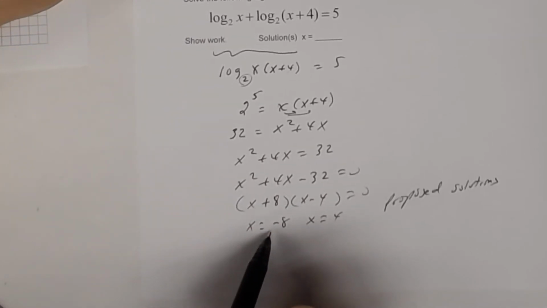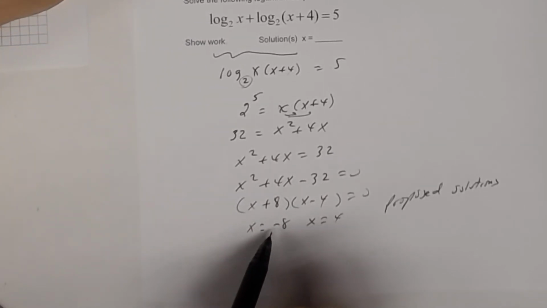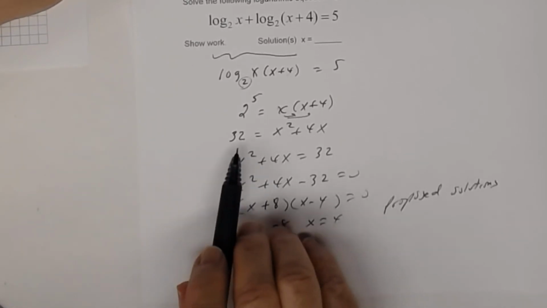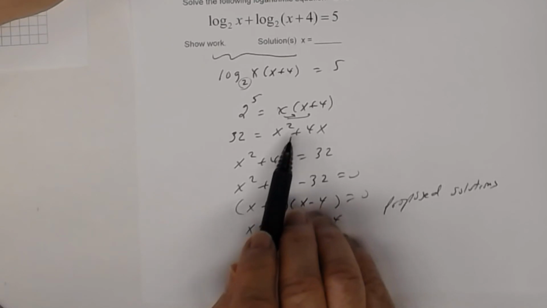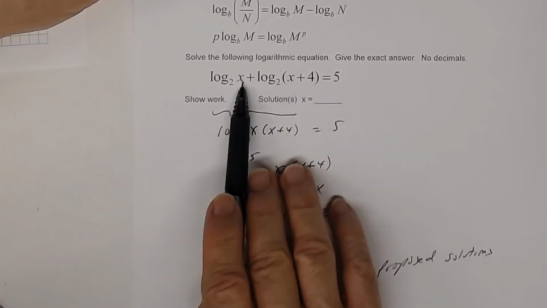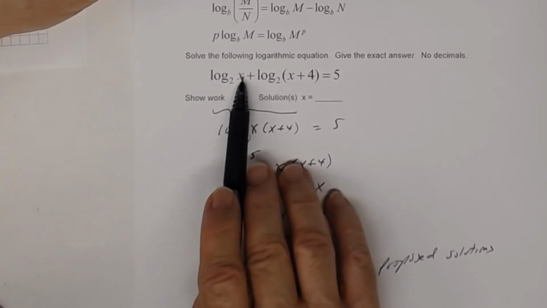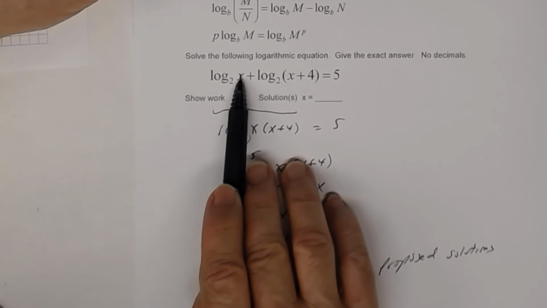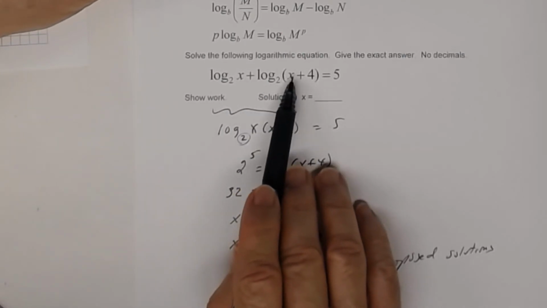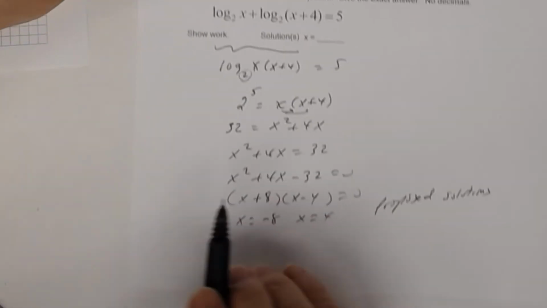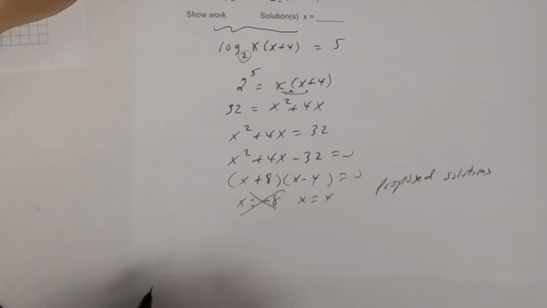So right away, see that's negative 8? You cannot use that. Even though negative 8 is a solution to this quadratic, it's not a solution to this log equation, because if you let x be negative 8, you're taking the log of negative 8, and that's undefined. And even if you put negative 8 here, negative 8 plus 4 is negative, so you get negative there as well. So I know I cannot use negative 8.